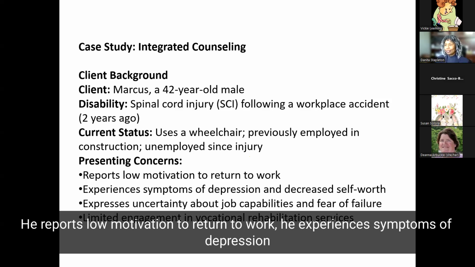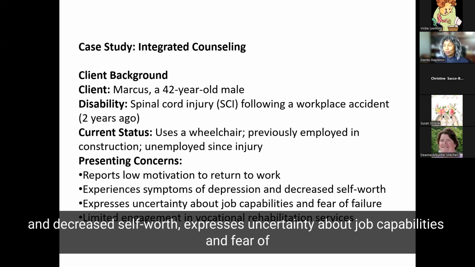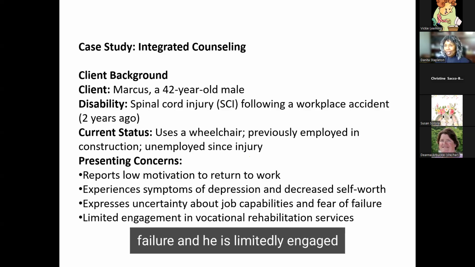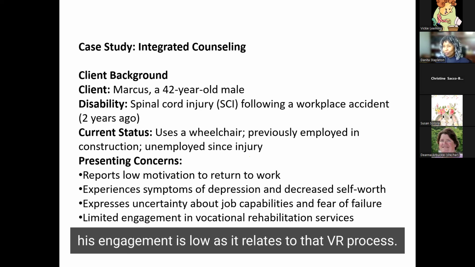He experiences symptoms of depression and decreased self-worth, expresses uncertainty about job capabilities and fear of failure, and he is limitedly engaged in vocational rehabilitation services. His engagement is low as it relates to that VR process.